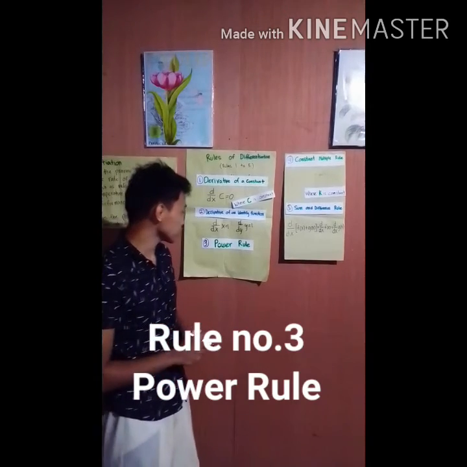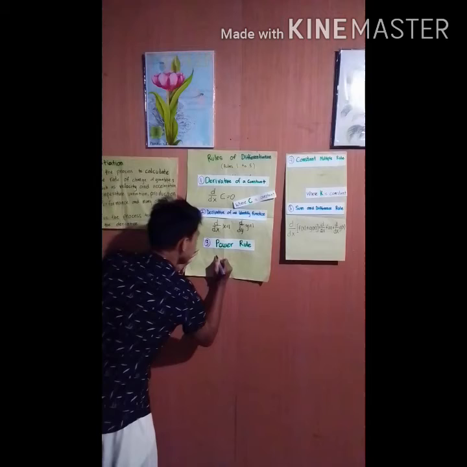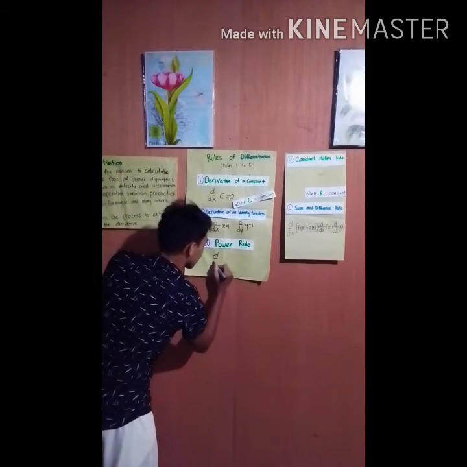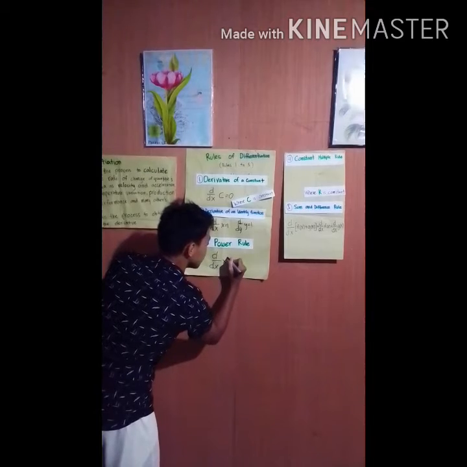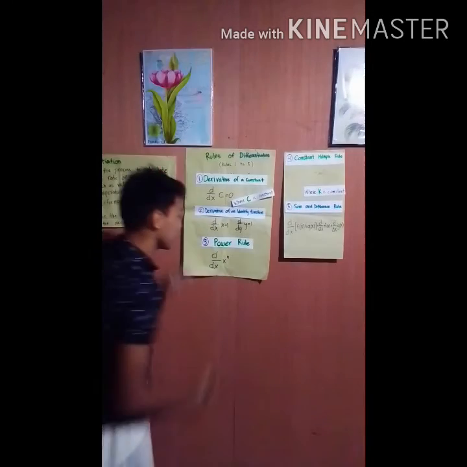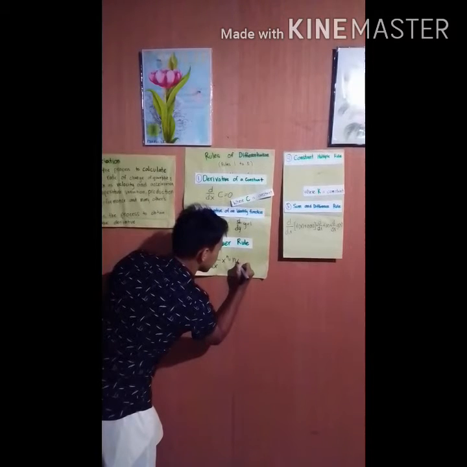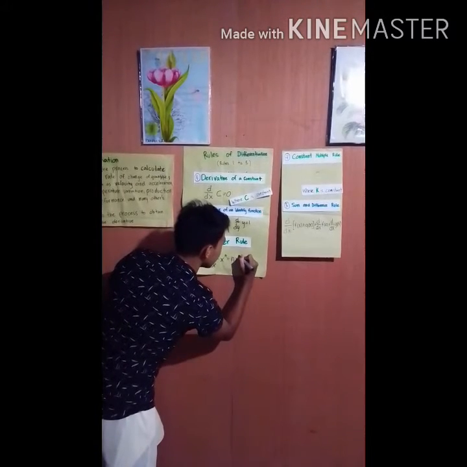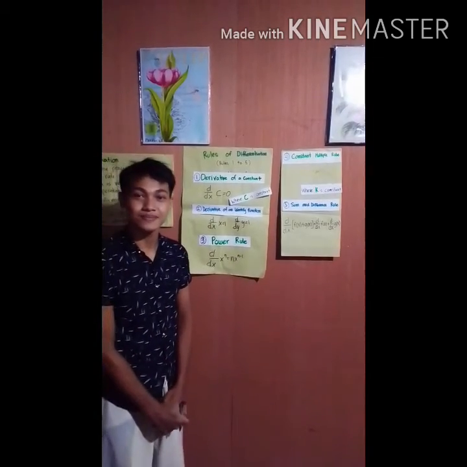The power rule, rule number 3: d over dx of x to the exponent of n is equal to n x to the exponent of n minus 1.